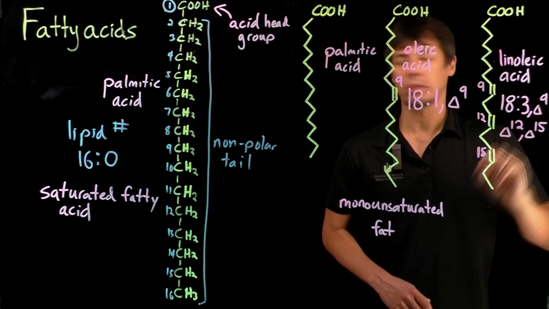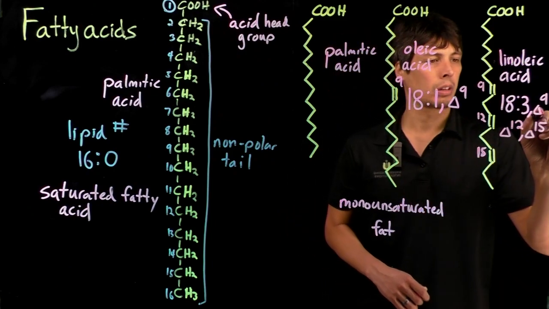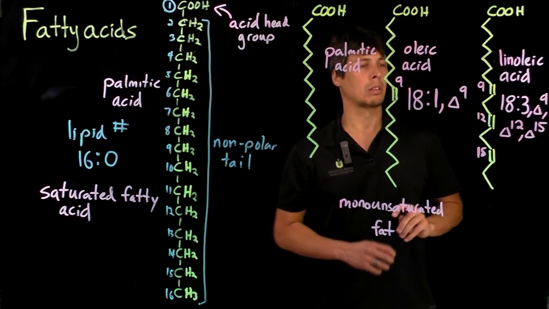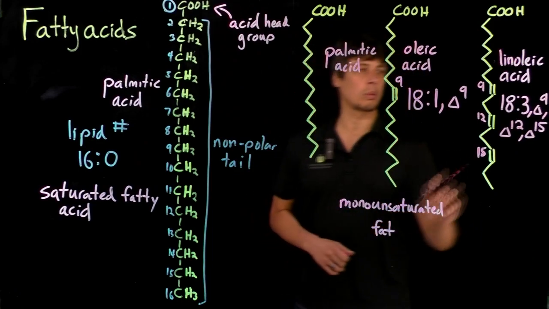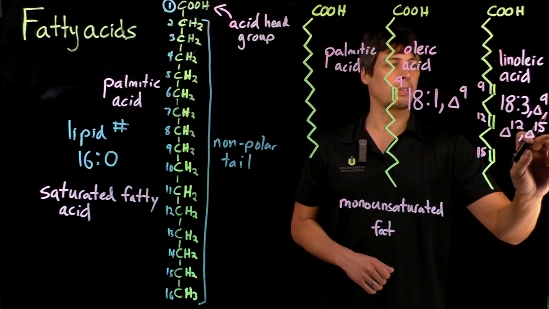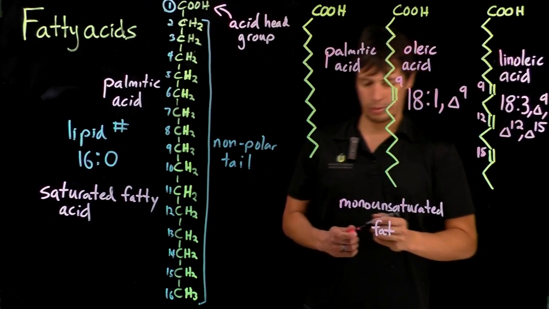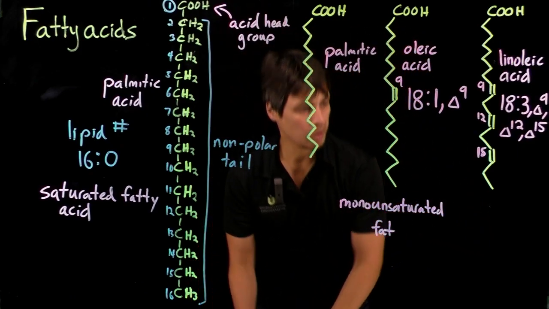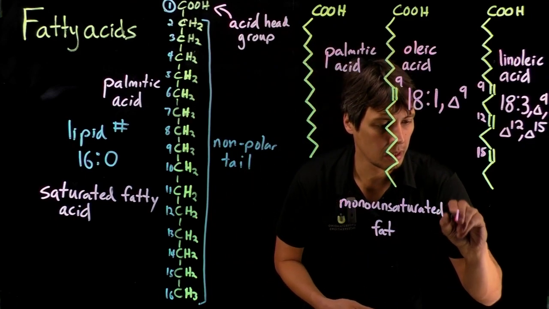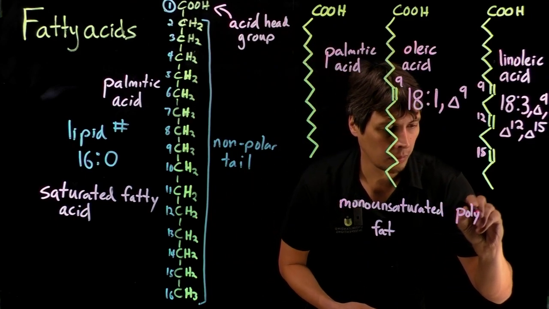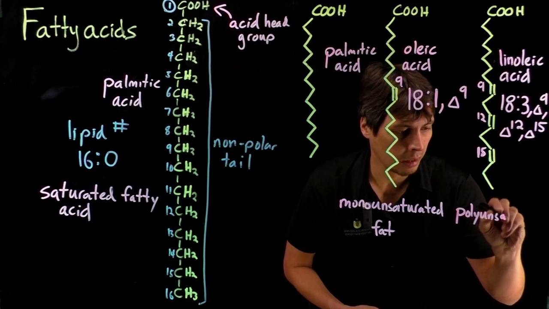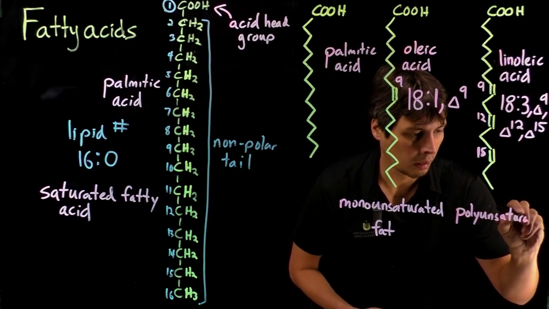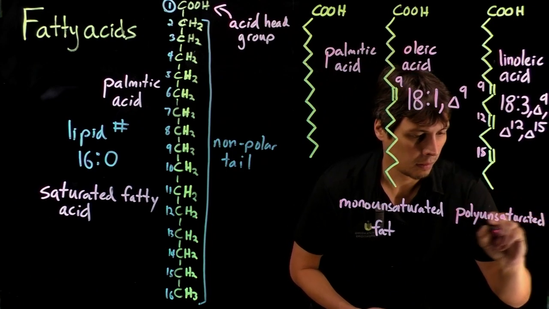Usually you just write that all in a line with commas in between. Okay? So the lipid number is 18,3, delta 9, delta 12, delta 15. And so that gives us the lipid number for this polyunsaturated fat.